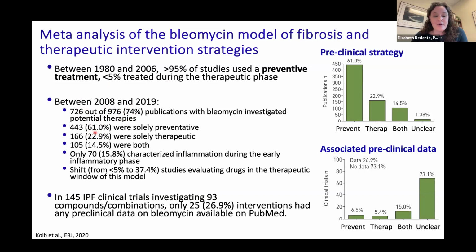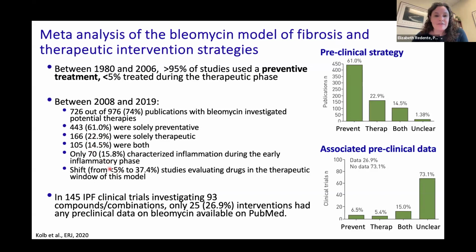So now 61% were solely preventative studies, but we've seen an increase in the number of therapeutic studies to almost 23%. And in a small proportion, about 15%, studies examined both a preventative and a therapeutic strategy with their compounds. But only about 16% characterized the inflammation during the early inflammatory phase.